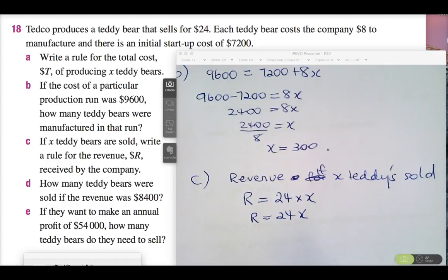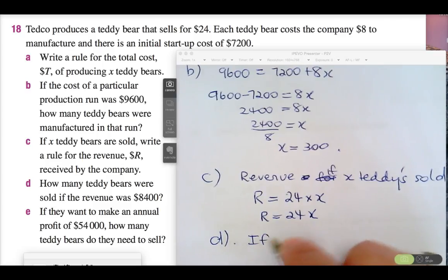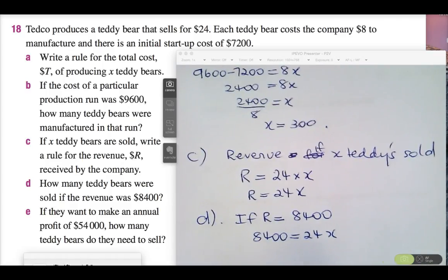Next question. How many teddy bears were sold if the revenue was 8,400? You substitute. If the revenue is 8,400, you replace the R with 8,400 in your formula and you work out how many teddy bears were sold.